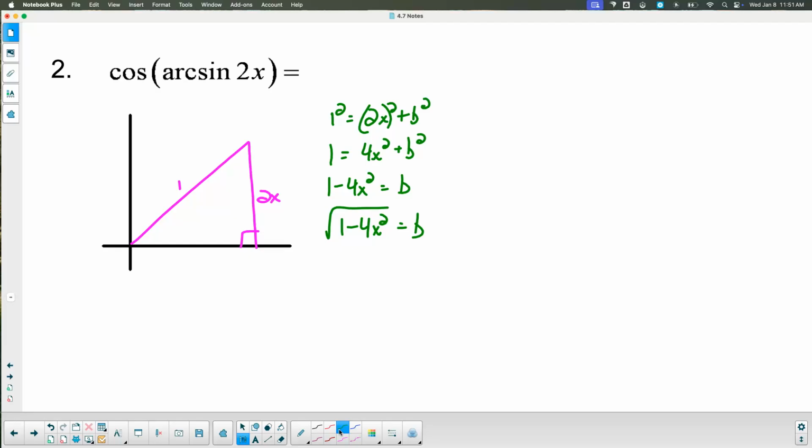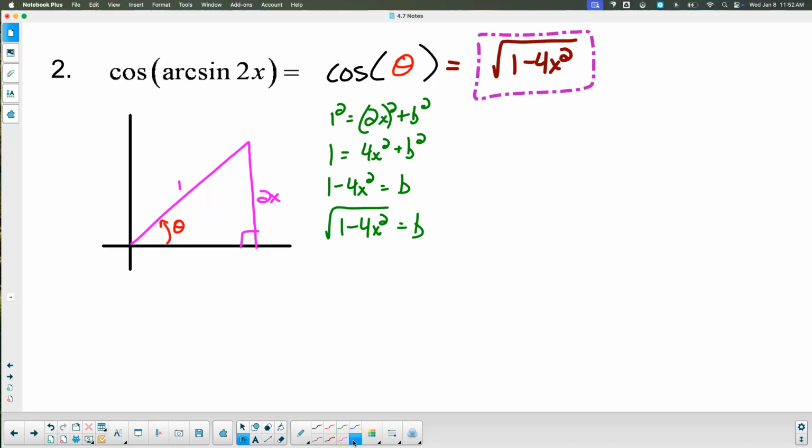We want the cosine then of theta. So the cosine then of theta is going to be... Questions, comments, concerns, clarifications.